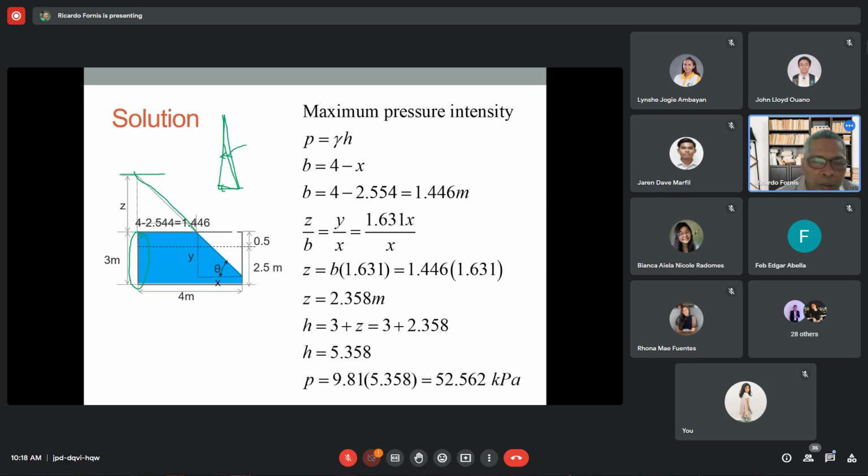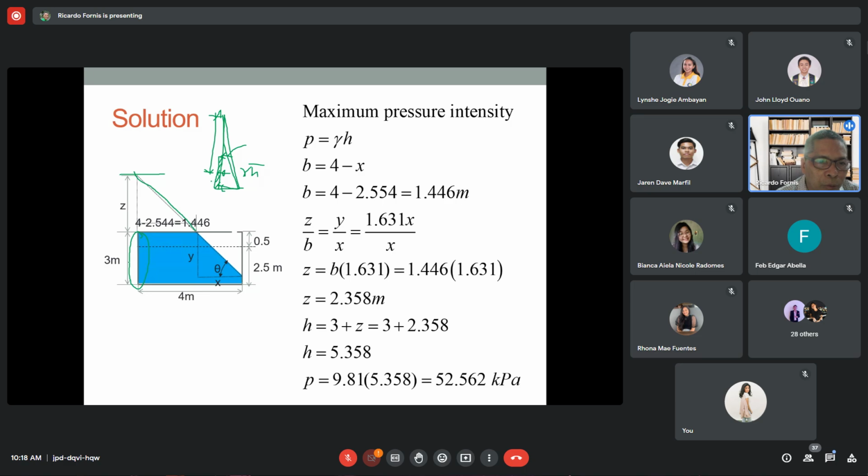There are several ways of doing this. First, you consider it as a submerged surface. For a submerged surface, you get the pressure developed at the centroid. How to calculate that? Gamma h bar, where h bar is the distance to the centroid.